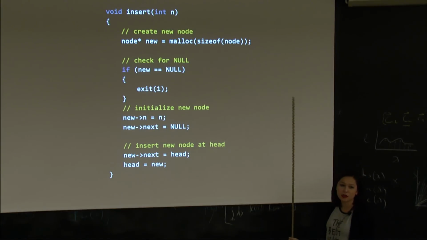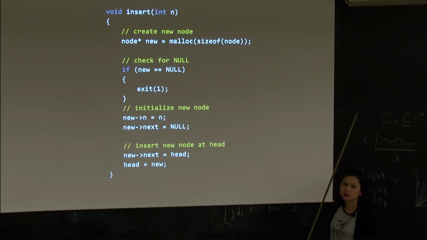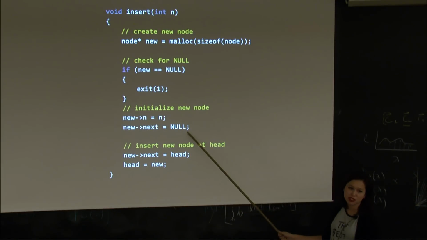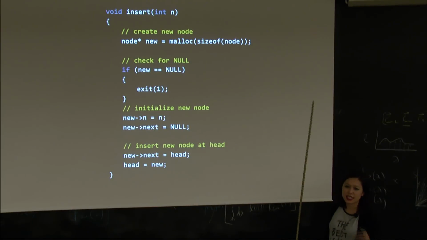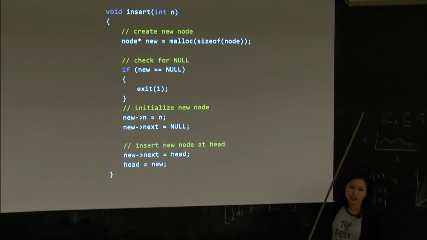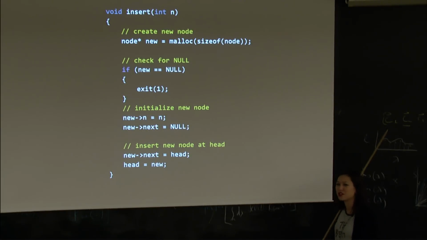Whenever you create a new node, you don't know what it's pointing to next, so you want to initialize it to null. Okay? If it does end up pointing to something else, it gets reassigned and it's fine. If it's the first thing in the list, it needs to point to null because that's the end of the list, right?